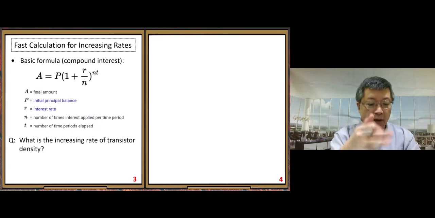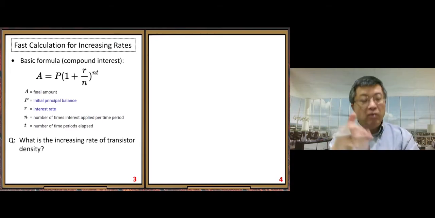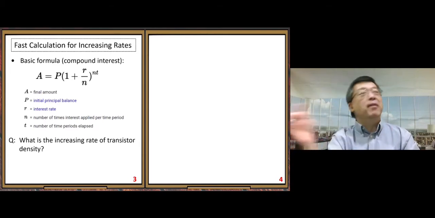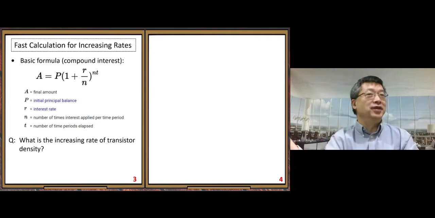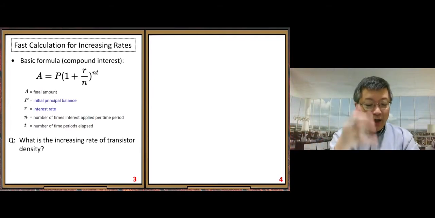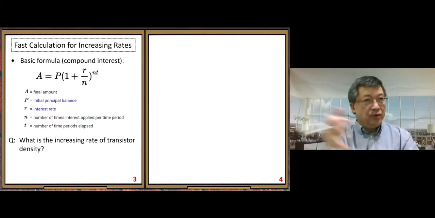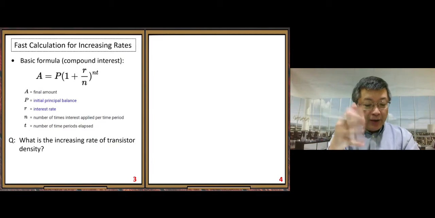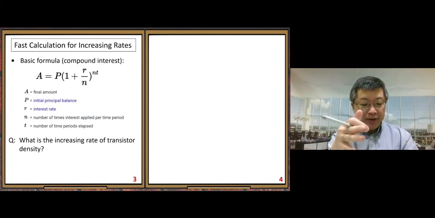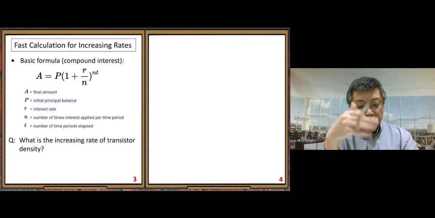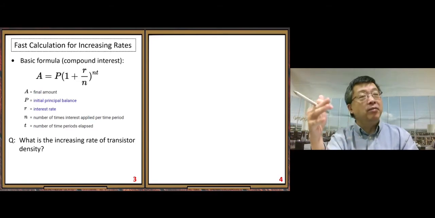P is the initial principal balance, or we can also say the initial amount, right? R is the interest rate. Typically, we use the yearly rate, the annual rate. Then N is the number of compound periods, the number of times interest is applied per time period.